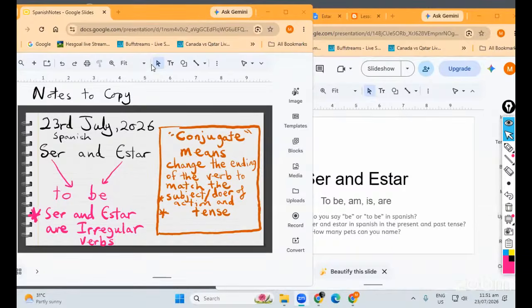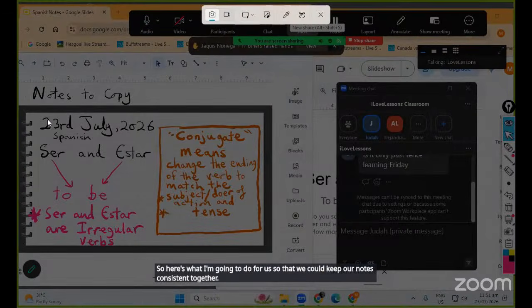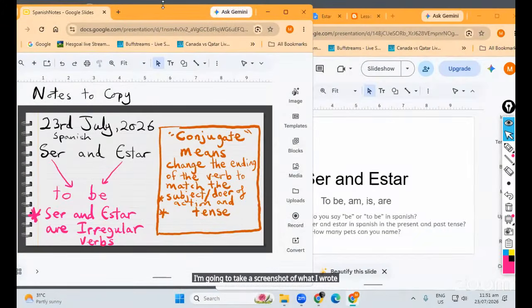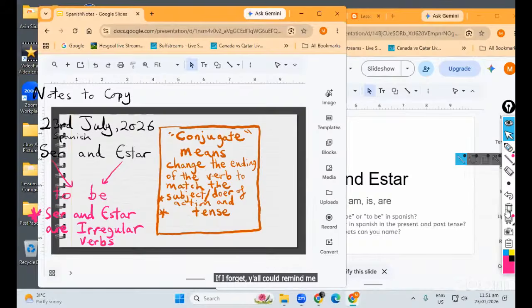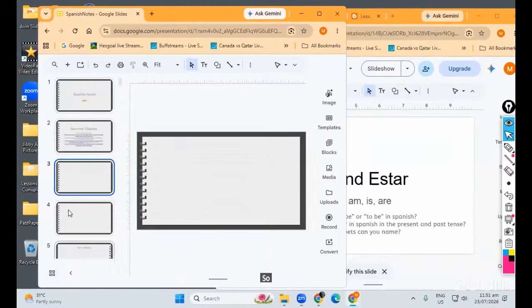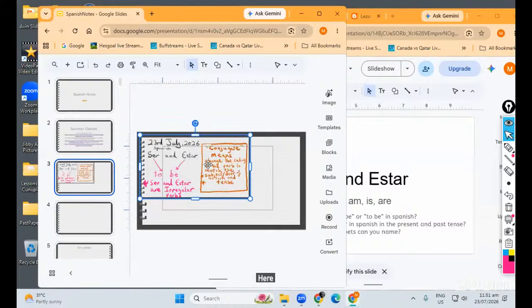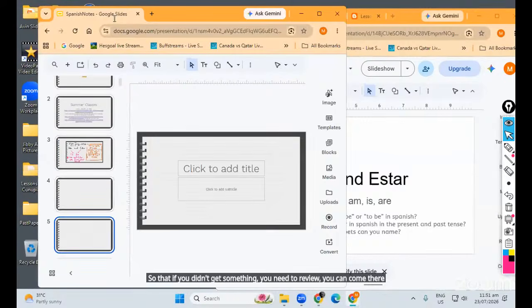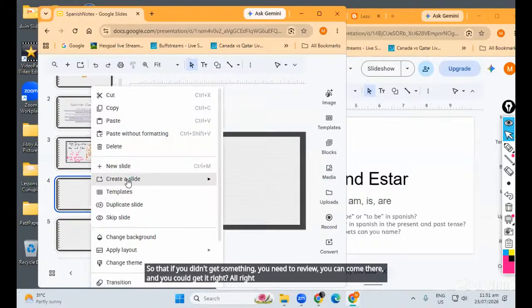So here's what I'm going to do so that we can keep our notes consistent together. I'm going to take a screenshot of what I wrote, and in this PowerPoint, now it is possible I will forget from time to time. If I forget, y'all could remind me. So in this PowerPoint, I'm going to put it here, so that if you didn't get something you need to review, you can come there and you can get it.